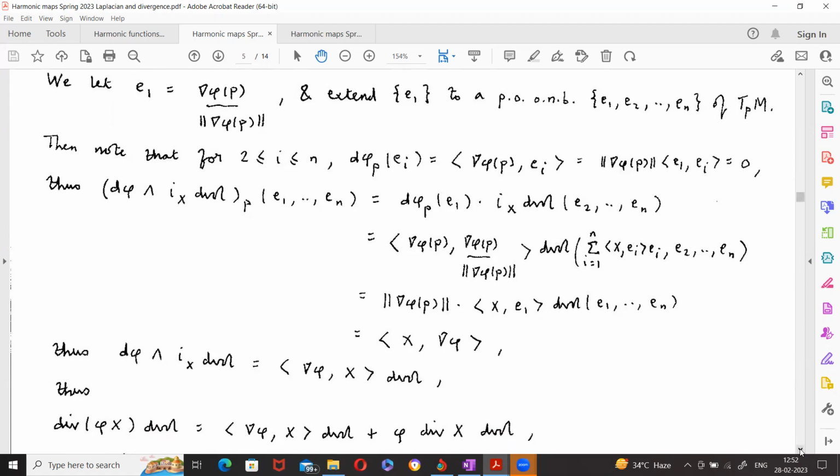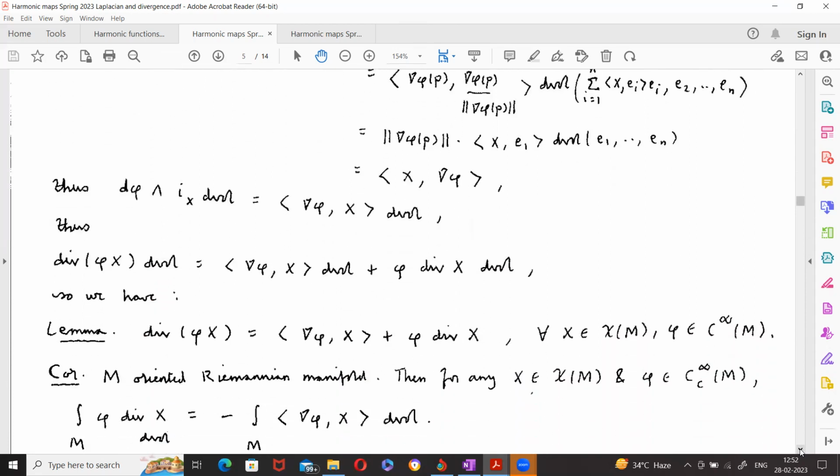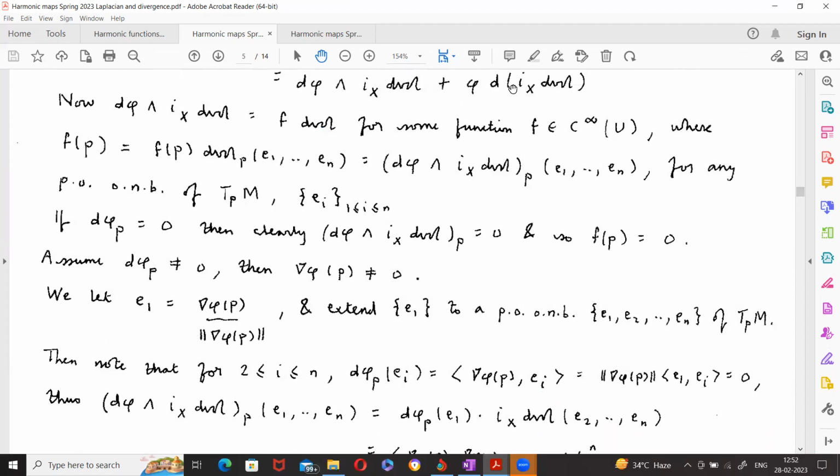So therefore, I get that the divergence of phi X dvol is equal to inner product grad phi X dvol plus phi times D of Ix dvol. This again, by the Cartan formula, is equal to divergence of X dvol.